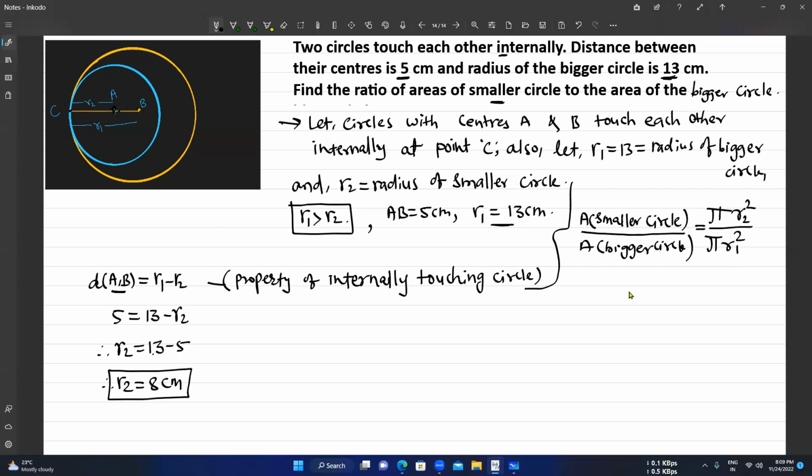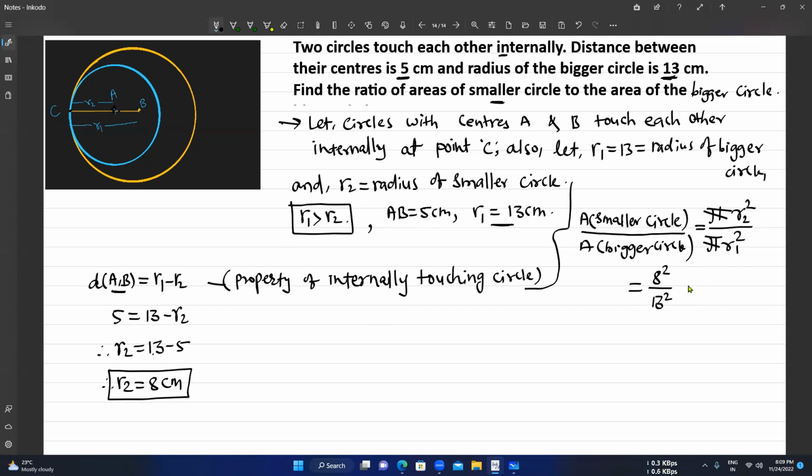Now just replace the values. This pi in the numerator and this pi in the denominator will cancel out with each other. R2 is equal to 8 centimeter, so we write square of 8, divided by R1 equal to 13 centimeter, so square of 13.